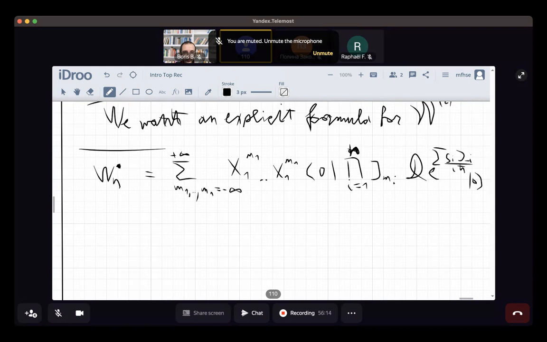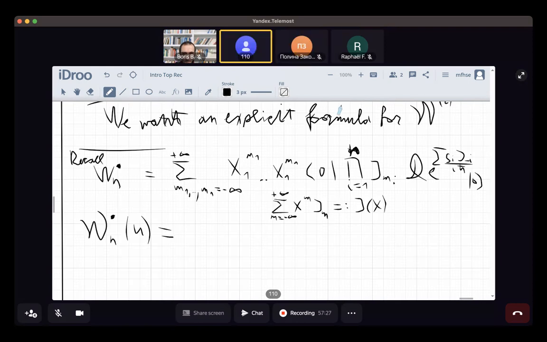But here I will use this notation: the sum from m equals minus infinity to plus infinity of x to the power m J_m, which I will denote by J(x). Okay. So this is the product of J(x_1) and so on. Right? Now let me introduce the following notation.